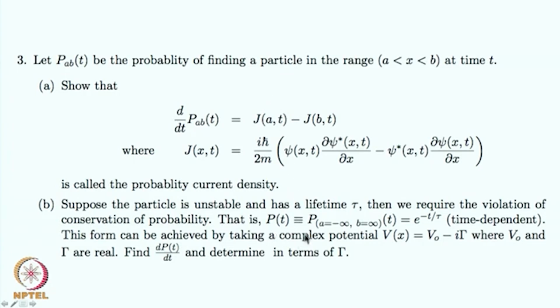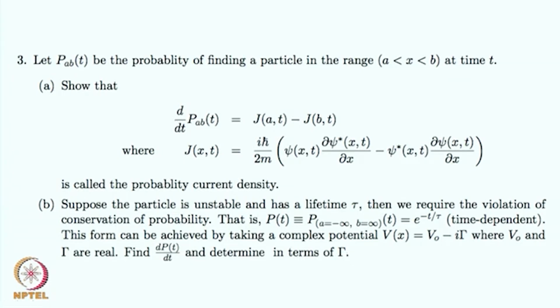In the second part, the potential is replaced by a complex potential V naught minus i gamma, where V naught and gamma are real quantities, and this potential is complex. So how the probability will get modified, and what will be the rate of change of probability in terms of this capital gamma.